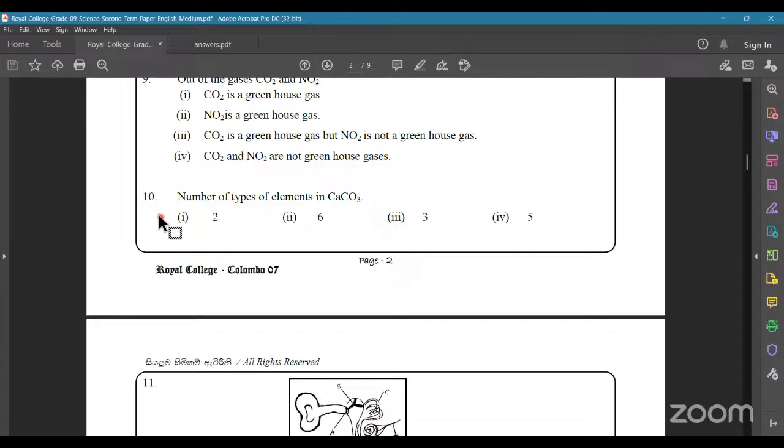The 20th question: number of types of elements in calcium carbonate. What do you think the answer is, Mahdi?